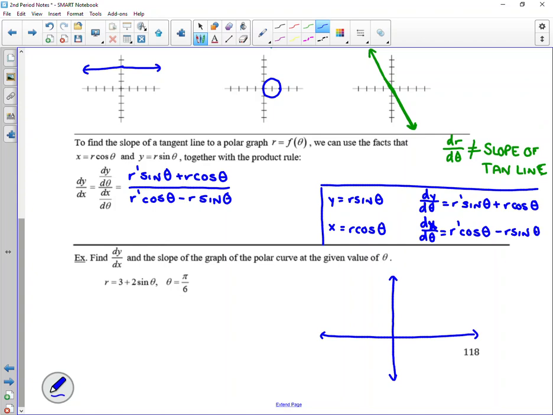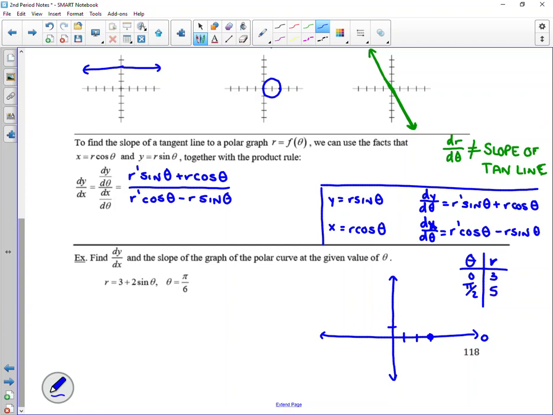So, if I plug in 0 in here, what does that equal? So if I plug in 0, what does r equal? 3. Okay, so at 0 degrees, I go out 3. At pi over 2, plug in pi over 2. My r is 5.